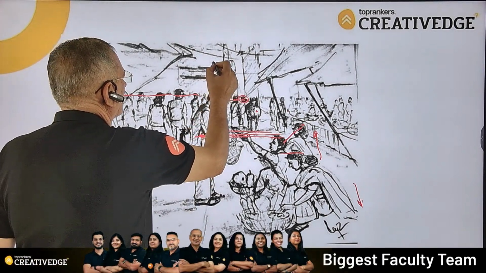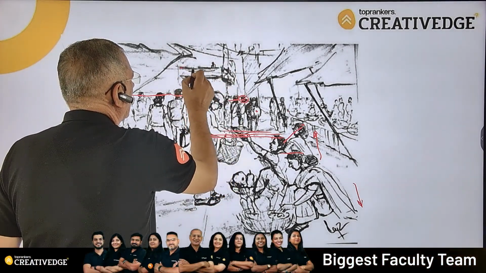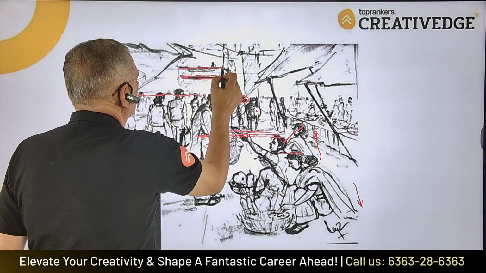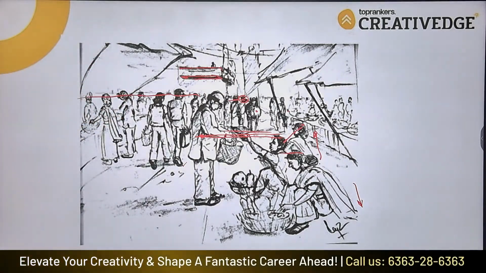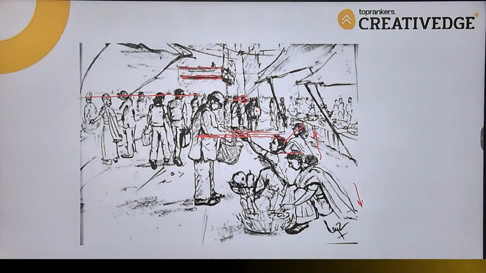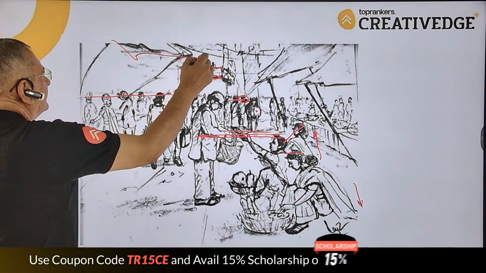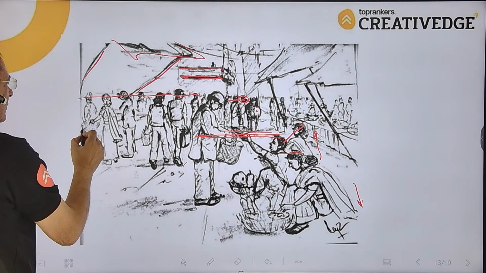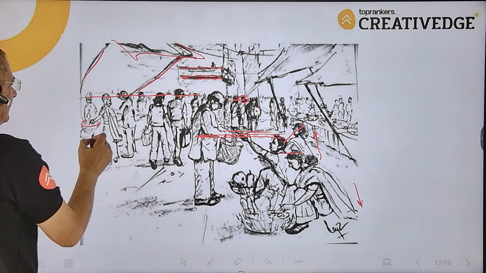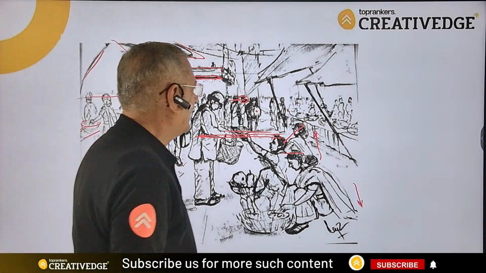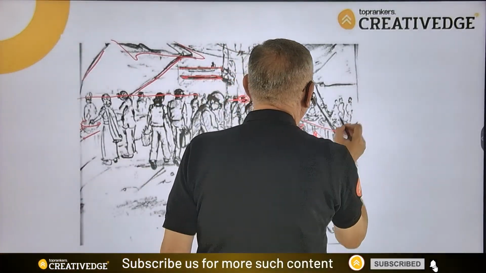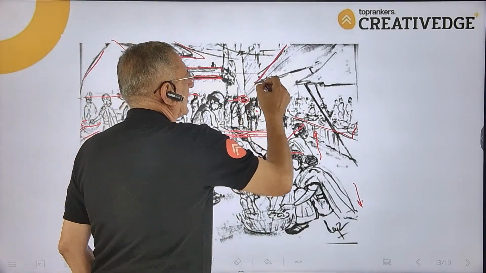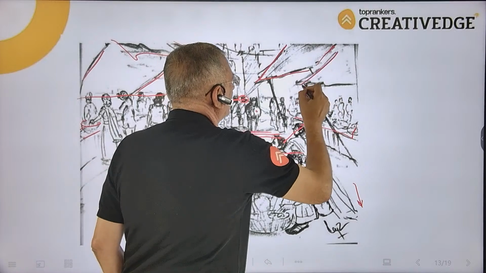Then there are buildings, people standing in the balcony of the building, and likewise. There's another shop roof. There are other stalls also, having canopy-like roofs.